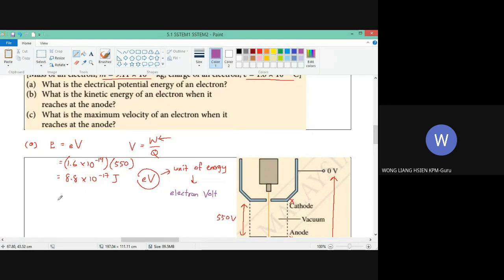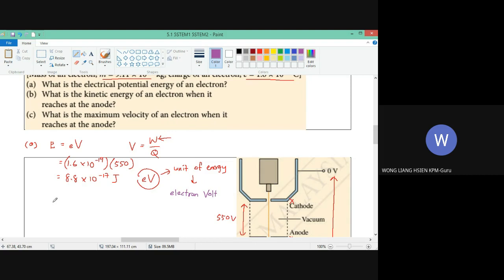For example, if the question gives you information about the amount of energy in electron volt, and you don't know this unit, you will get confused.